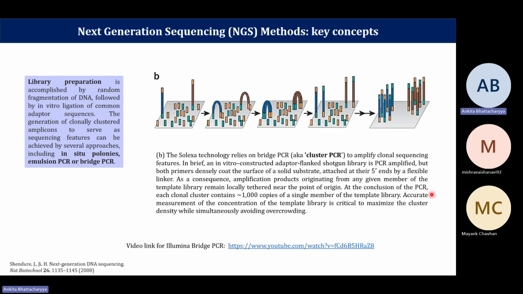Accurate measurement of the concentration of the template library is also very critical to maximize the cluster density while avoiding unnecessary overcrowding. So this is a part of the library preparation step where you have random fragmentation of DNA, you have in vitro ligation of your adapters, and then you generate these locally clustered amplicons, which can be used for sequencing strategies.